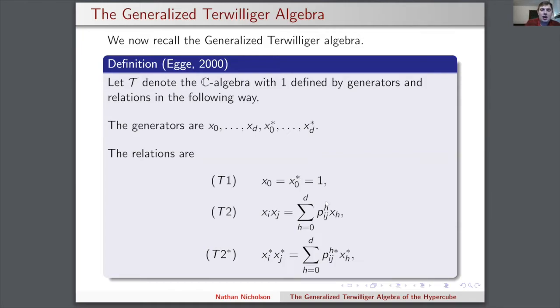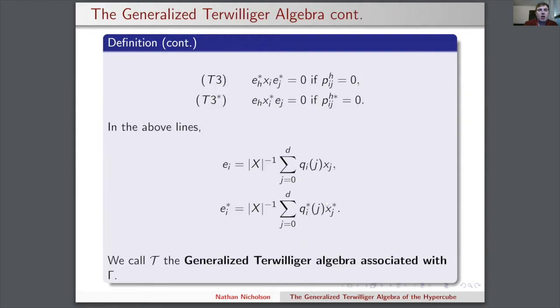Then we have xi xj equals the sum for h equals 0 to d of p^h_ij xh. So again, that should remind you of the product of Ai times Aj. And then we have the same with respect to the dual, again invoking the Ai star, the dual distance matrices. And then lastly, we have eh star xi ej star equals 0 if the intersection number p^h_ij equals 0, and the same with respect to the dual. And then in those relations, we make a point of saying that these Ei's that we bring up, because those weren't listed in the generators, right?